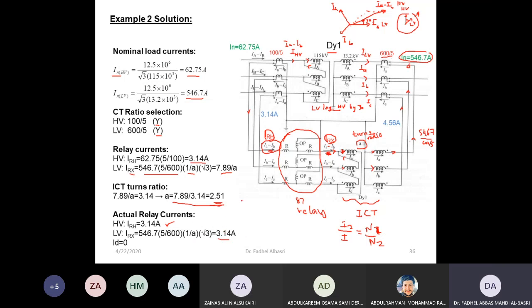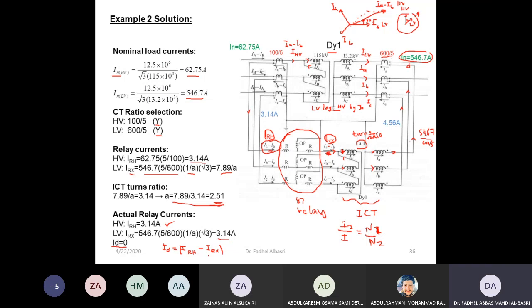Ideally, when I can choose a CT that exactly corrects the currents, these two will be exactly the same, so the differential current becomes 0. ID is I1, the current at the relay at the HV side, minus I2, the current at the relay at the low voltage side. This is I differential.